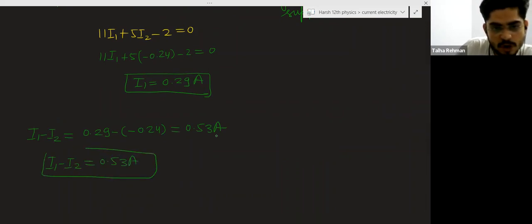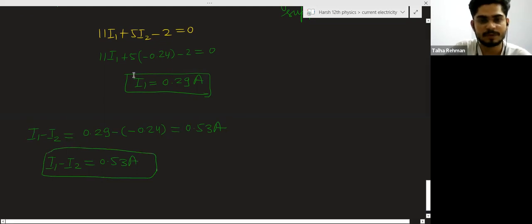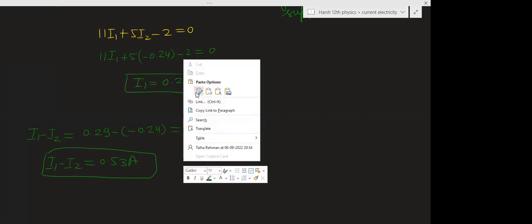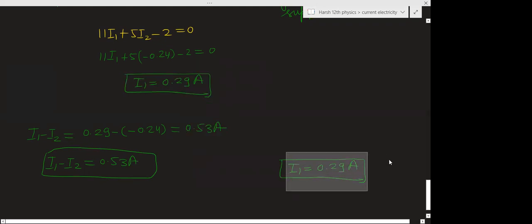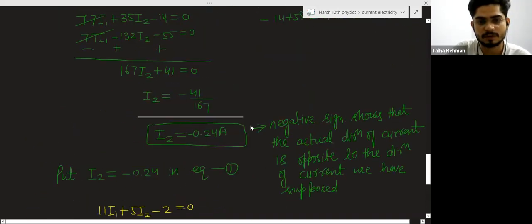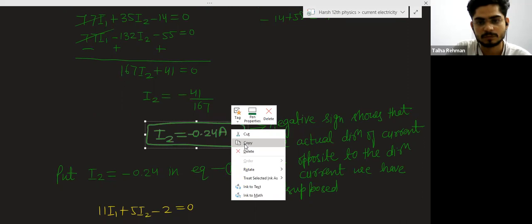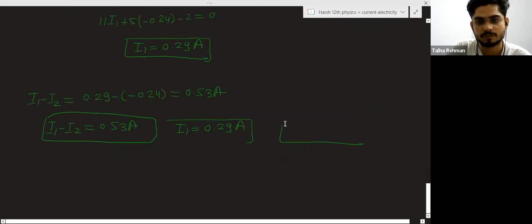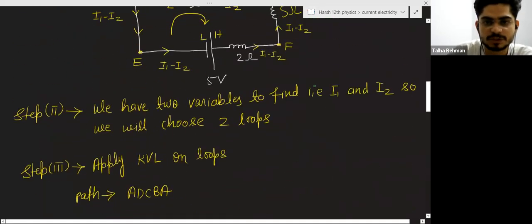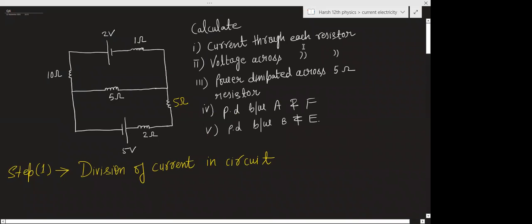So please remember all the values of current you have. You have I1, you have I2, you have I1 minus I2. All the currents we have now. So what is the first question? Just see the first question: current through each resistor.